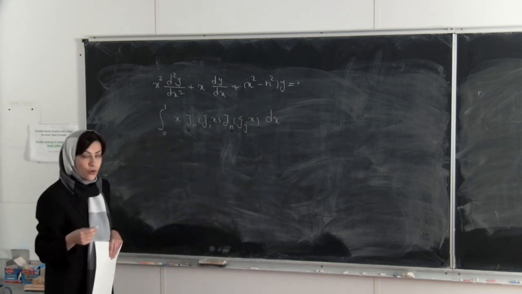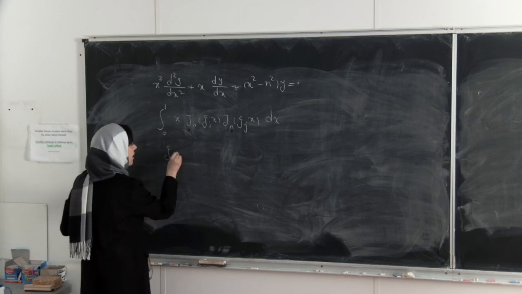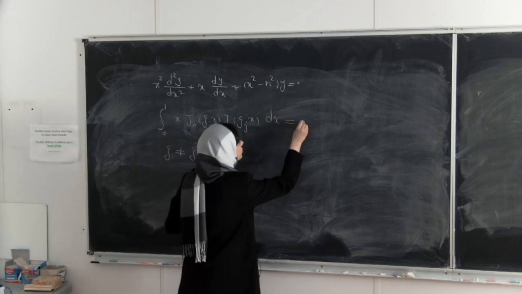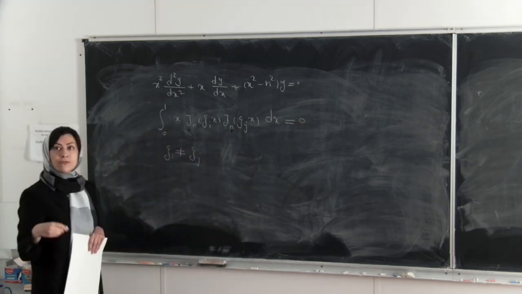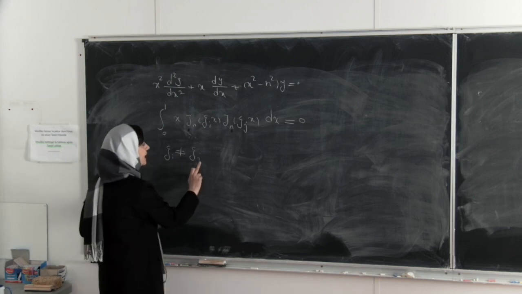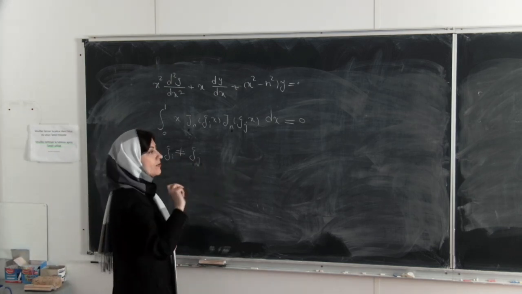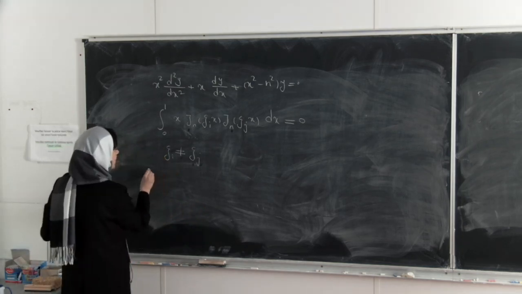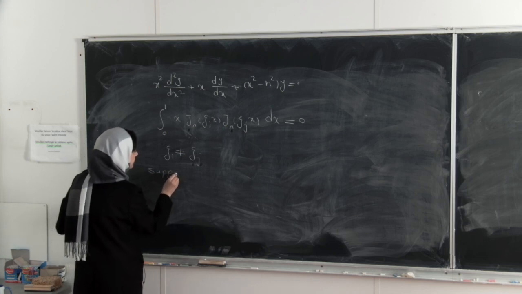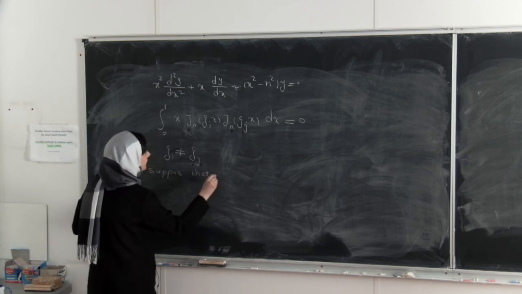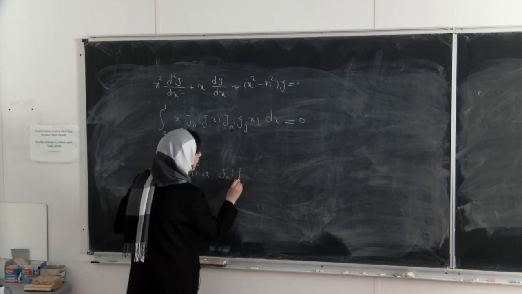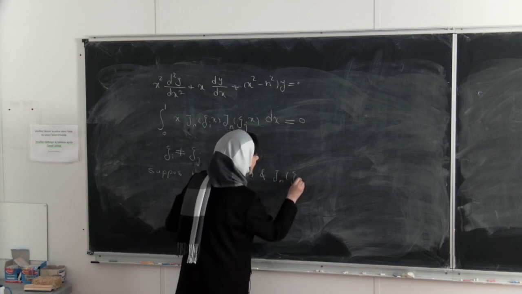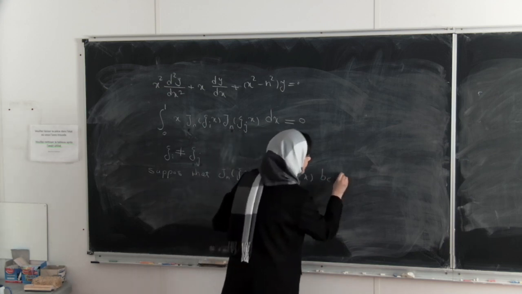First, I want to show you that if chi i is not equal to chi j, this integral equals 0. Then for chi i equal to chi j, we show that the theorem is satisfied. Okay, suppose that Jn of chi i x and Jn of chi j x are Bessel functions.